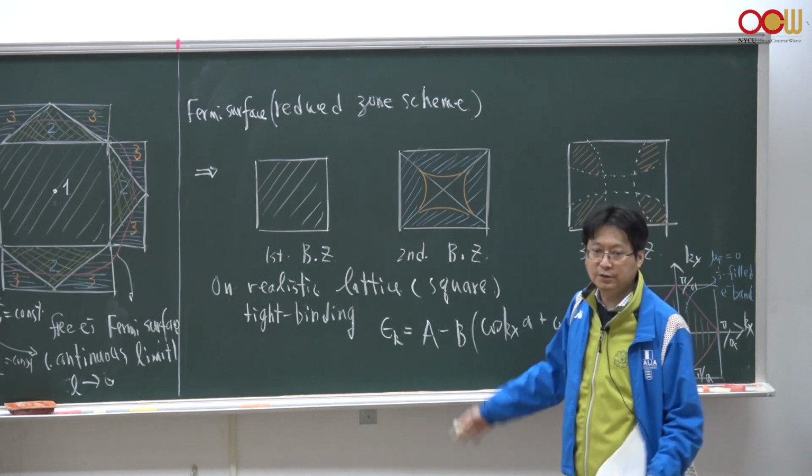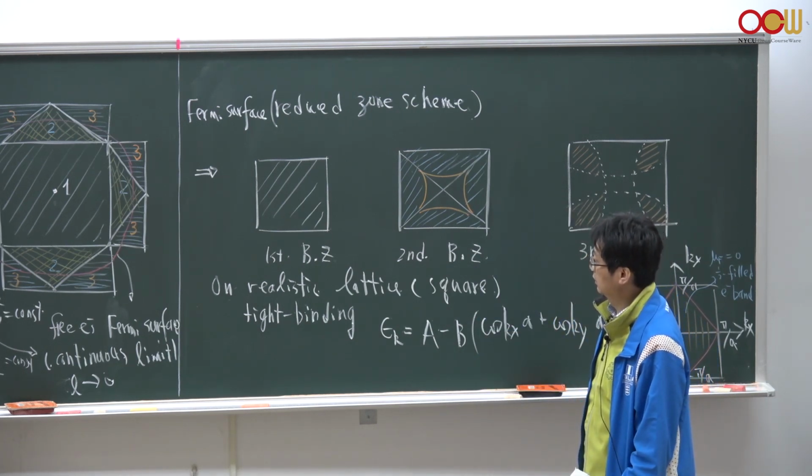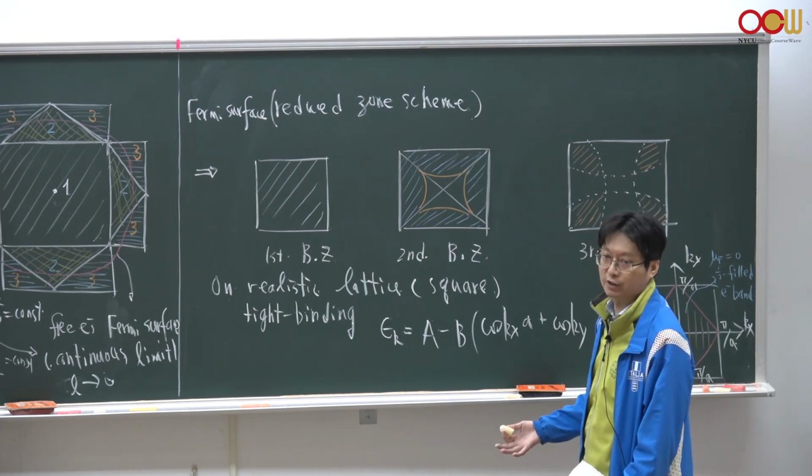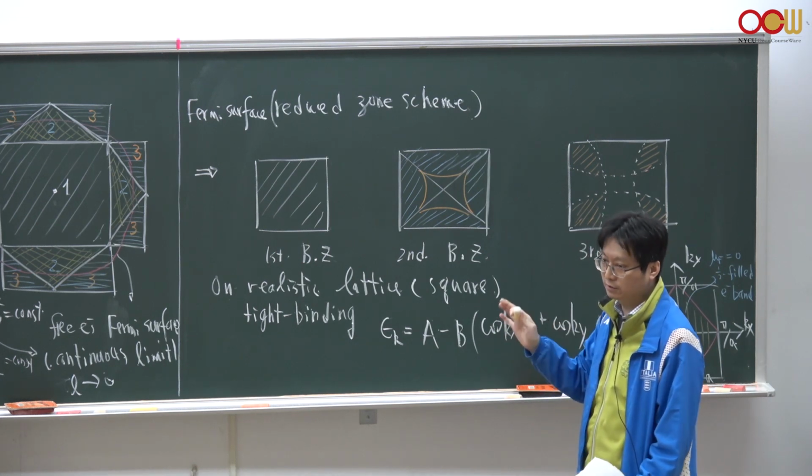So that is simply a simplified version of the Fermi surface for free electron gas in a continuous limit, without the lattice.